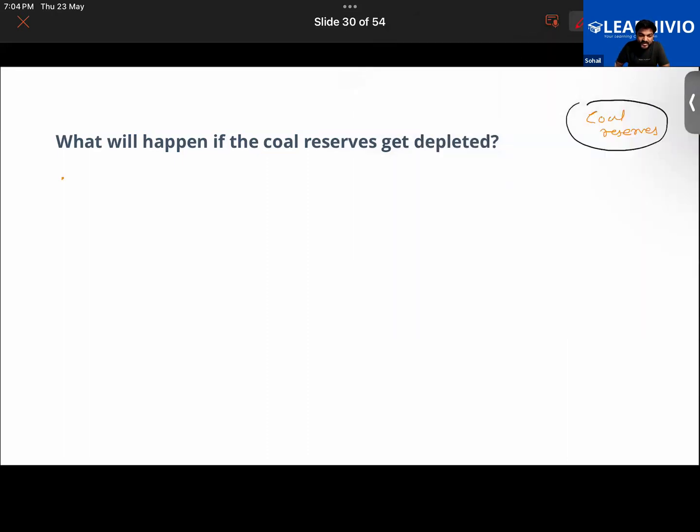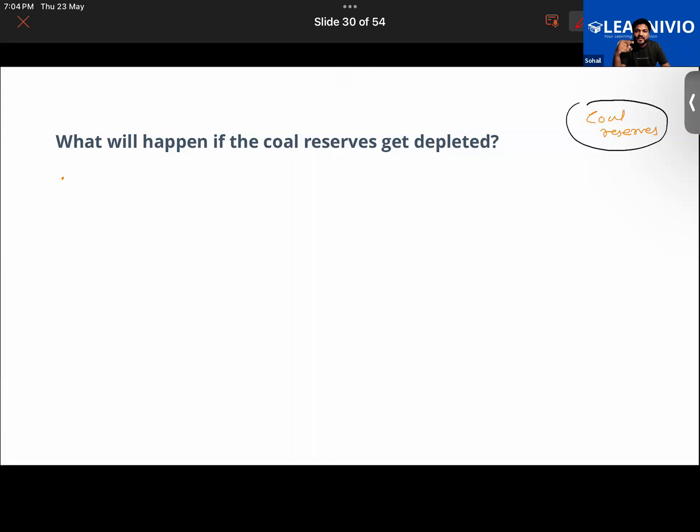Next thing we discussed is that we obtain various other products from it, for example coke, coal tar, and coal gas. Another interesting thing is that coal is used in the synthesis of synthetic oil also.